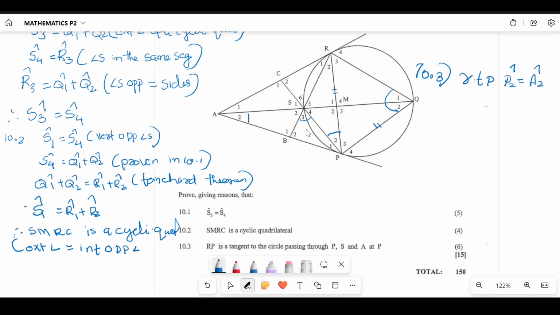So to prove those two angles to be equal, let us take the triangle MPA and triangle PRC.